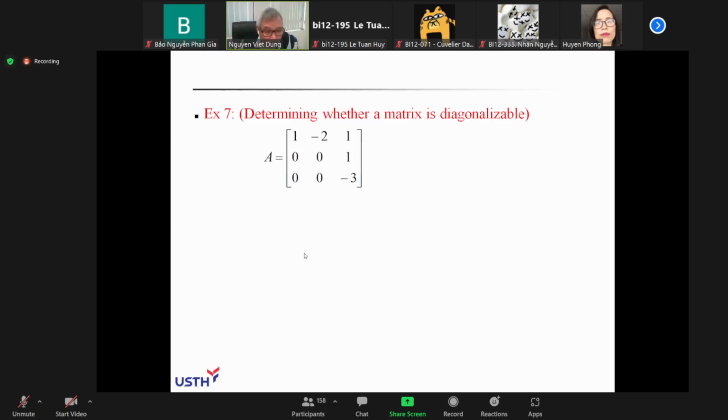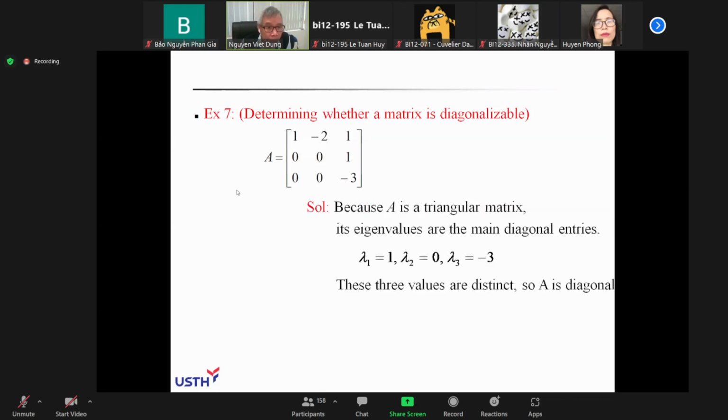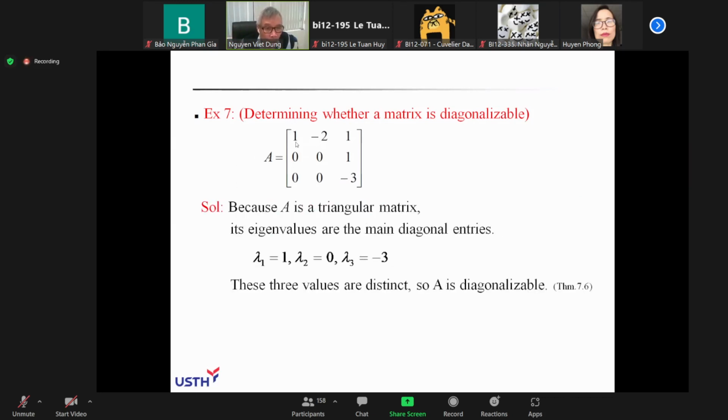So we know that A has eigenvalues 1, 0, and -3. Because those eigenvalues are different from each other, we say that A is diagonalizable. We don't need to do any calculation here.